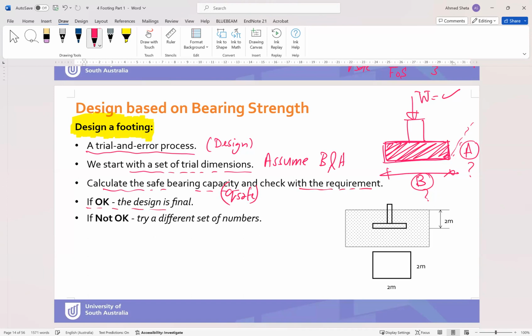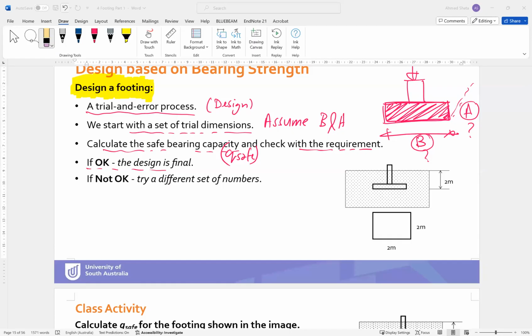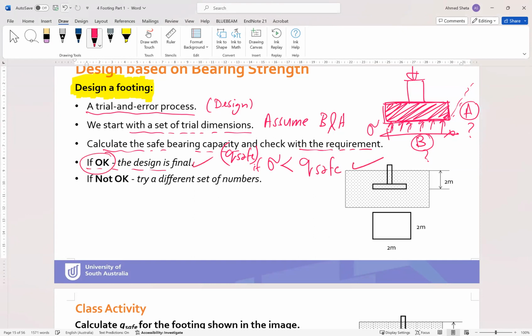If it is okay, this means that the stress we have underneath here, which is sigma, if sigma is less than Q safe, our design is okay and the design is final.